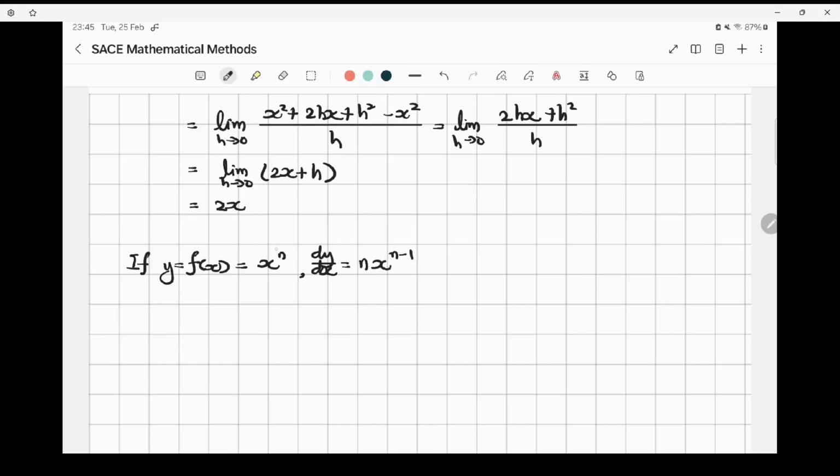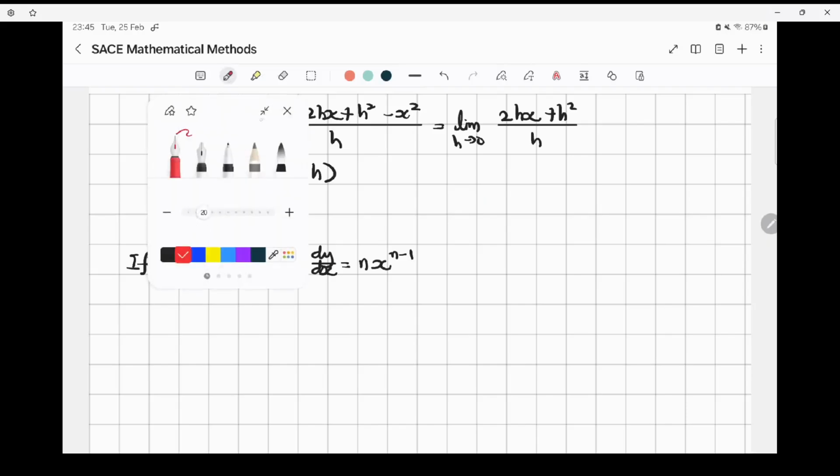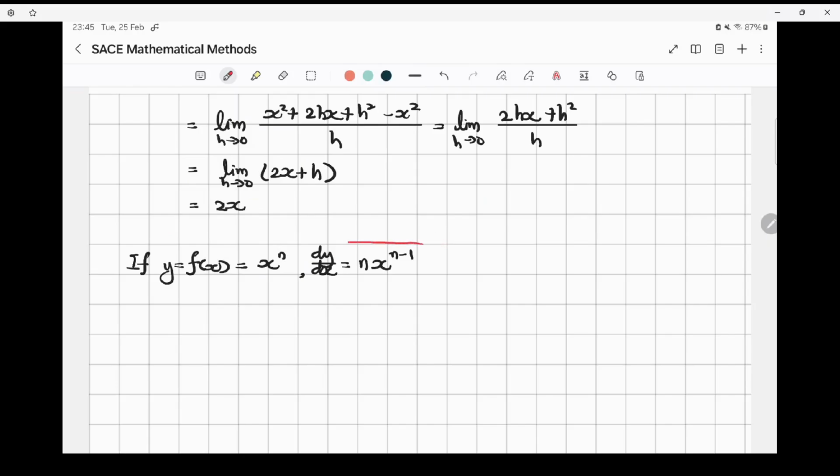So the index of x moves forward to become the coefficient, and then the index minus 1. So that's the first derivation that you need to know.